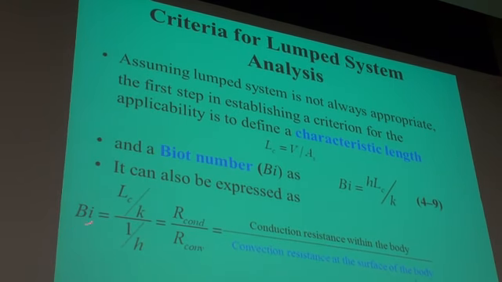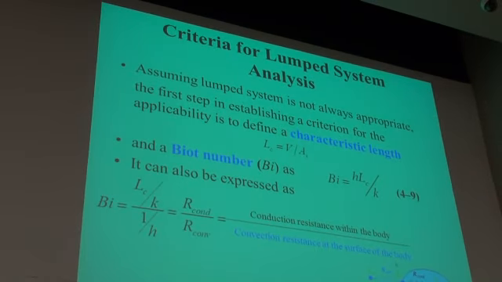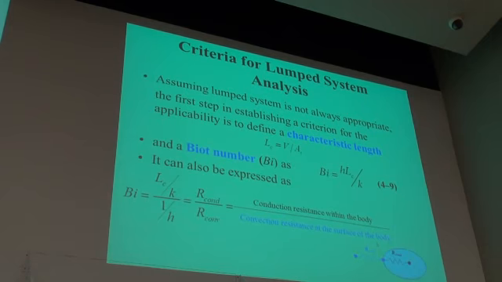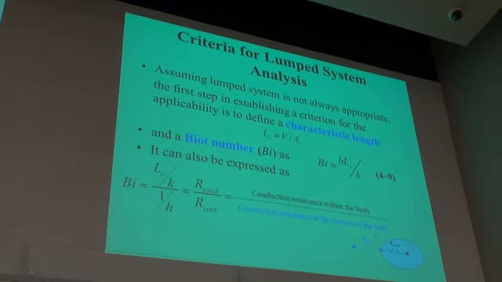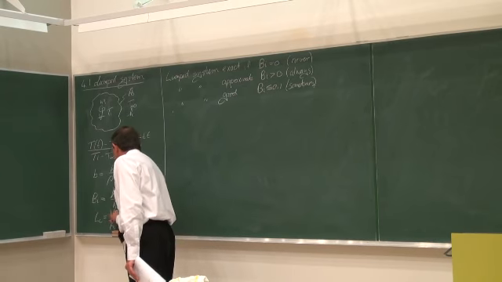So the Biot number gives us the ratio of the conduction resistance within the body to the convection resistance at the surface of the body. It was given by this equation, and that is where it comes from, where the characteristic length can be determined by the volume divided by the surface area.